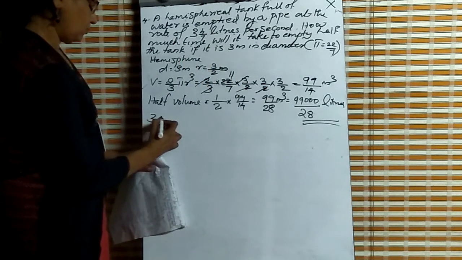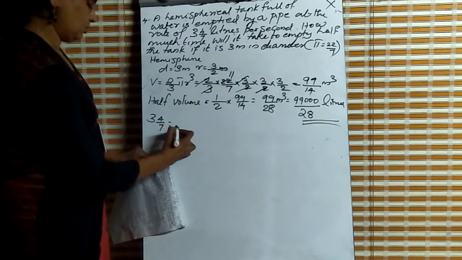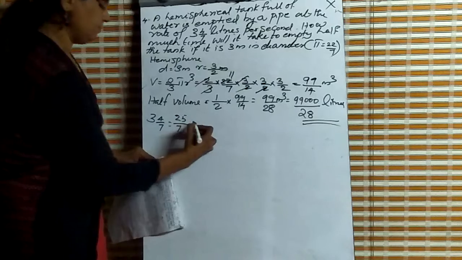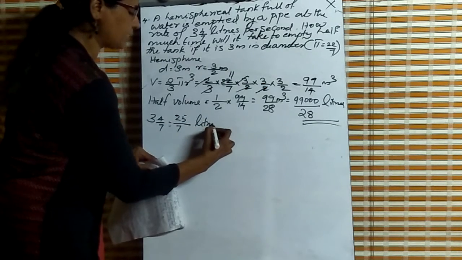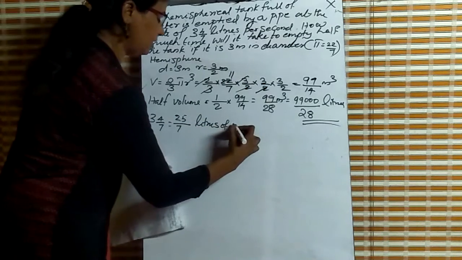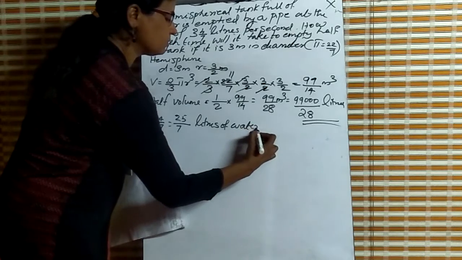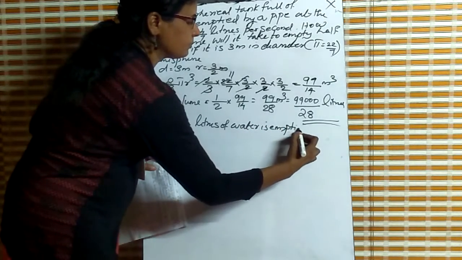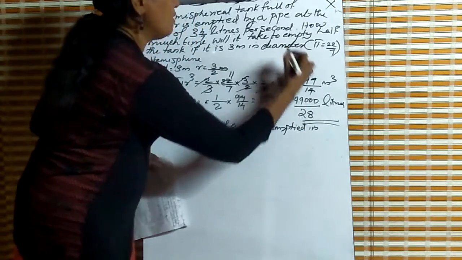4 by 7 liters of water is emptied in 1 second.